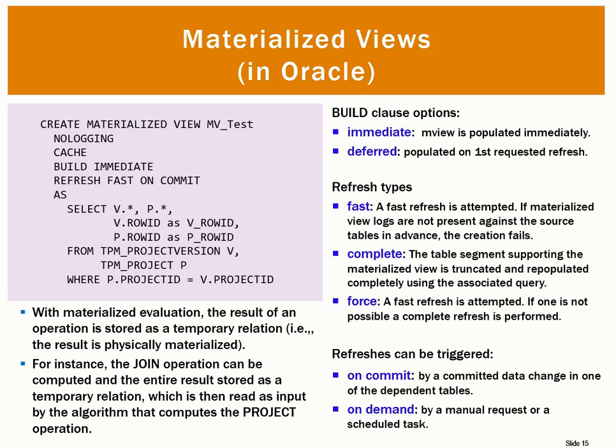As soon as you actually save data in a table, you can force the materialized views to be refreshed, or they can be refreshed on demand, either by a manual request to update the materialized view or a scheduled task. Perhaps you want your materialized views to be updated every morning at midnight. And so the data might be 1 day old, but it's reasonably current.